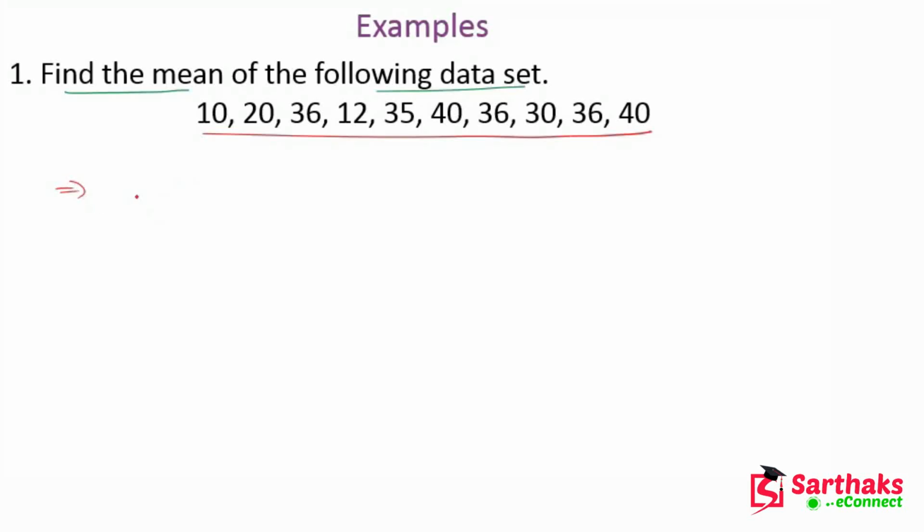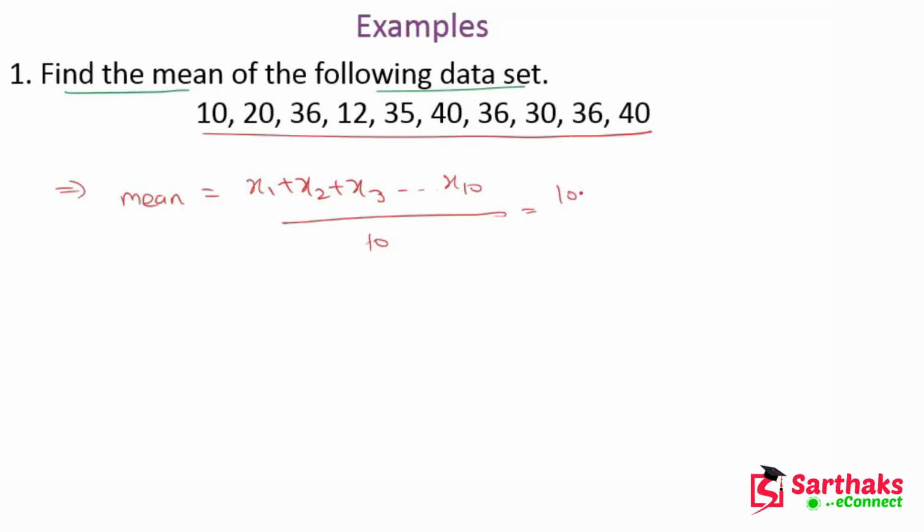How? The mean is x1 plus x2 plus x3 plus dot dot dot, how many terms? 1, 2, 3, 4, 5, 6, 7, 8, 9, 10, means dot dot dot x10, divided by 10 because there are 10 terms.